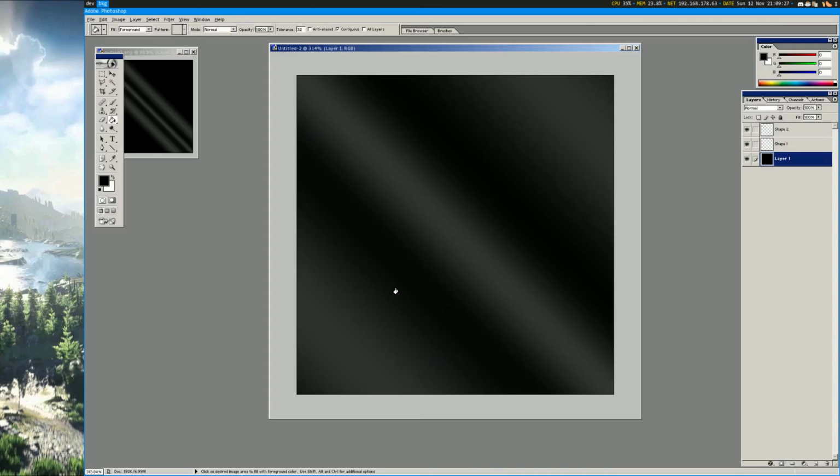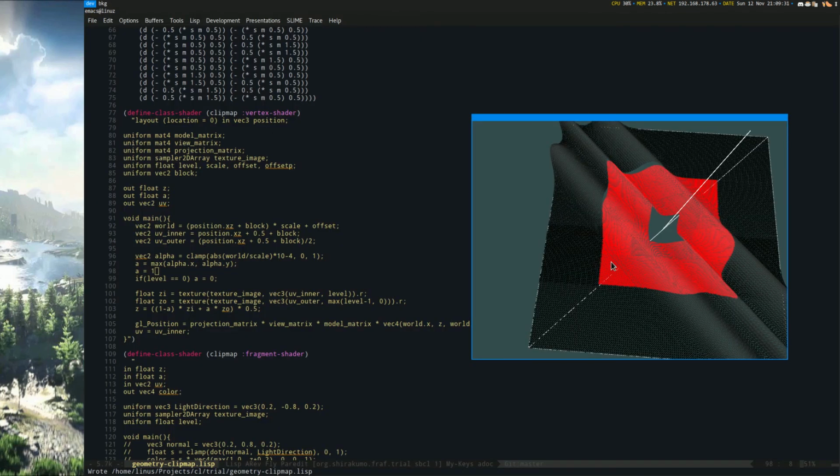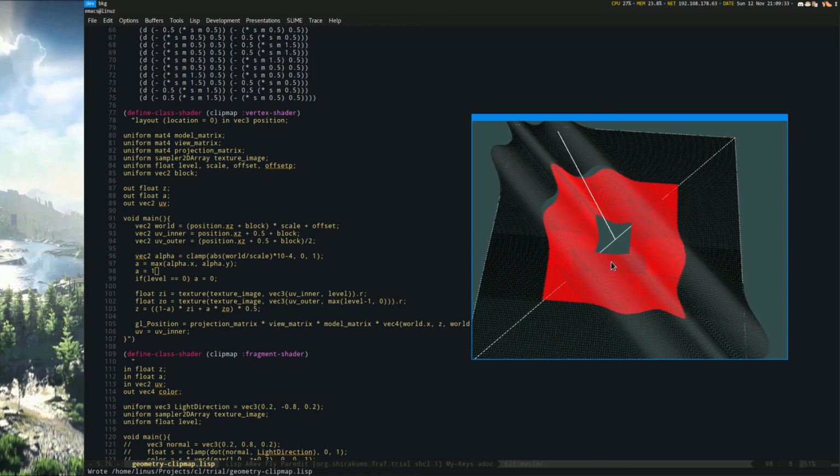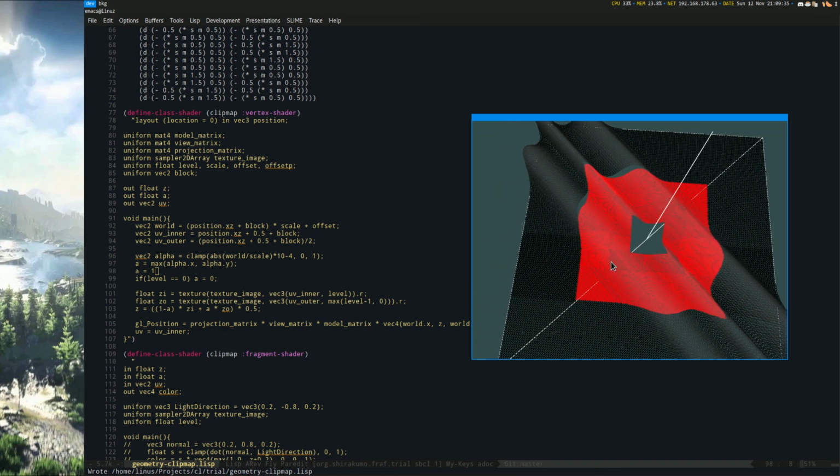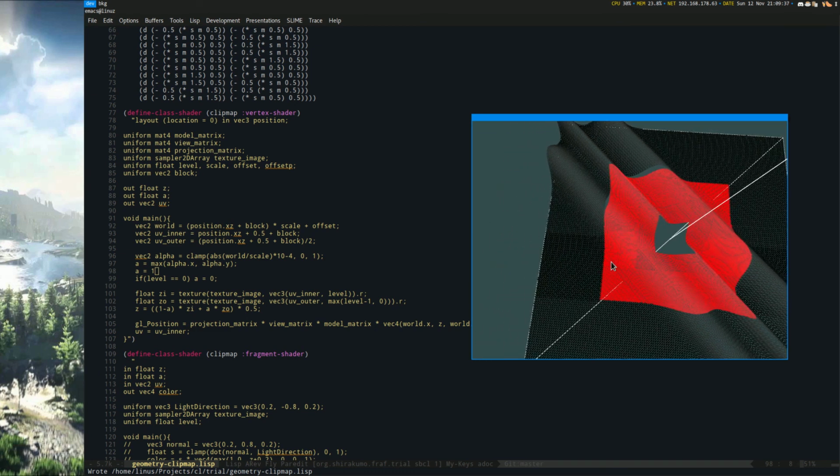That doesn't make any sense. As I said, this point should be looking at exactly the same place as this. Should be. But it isn't, for some reason.